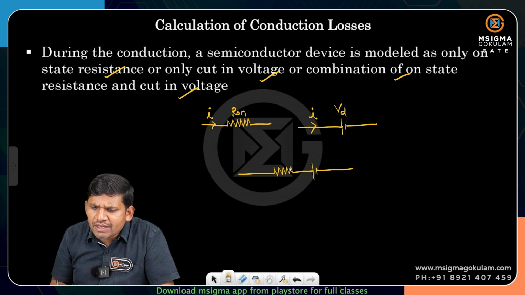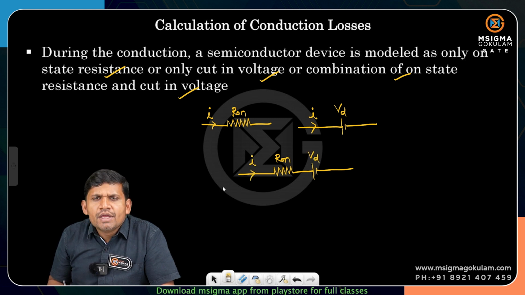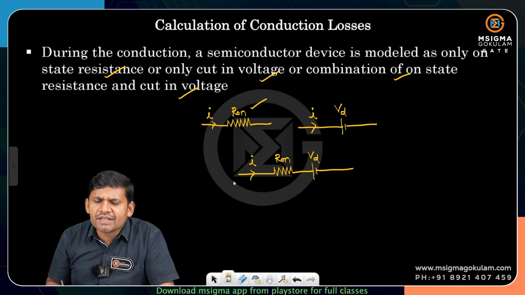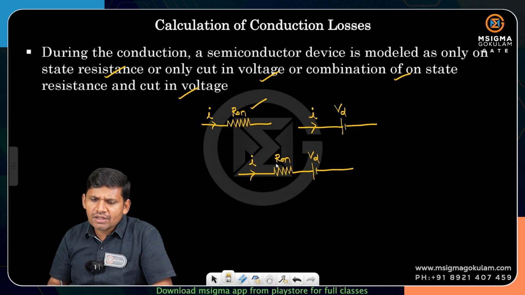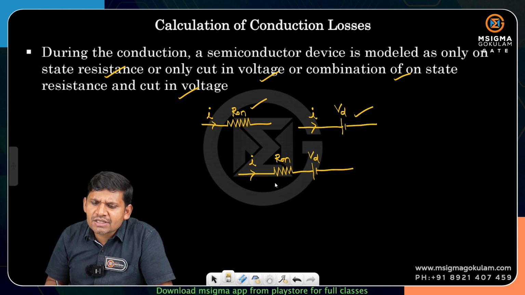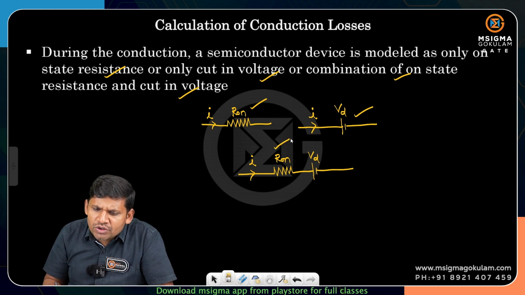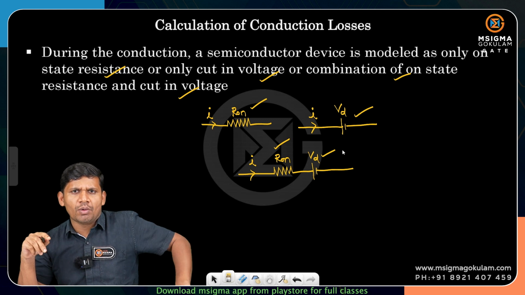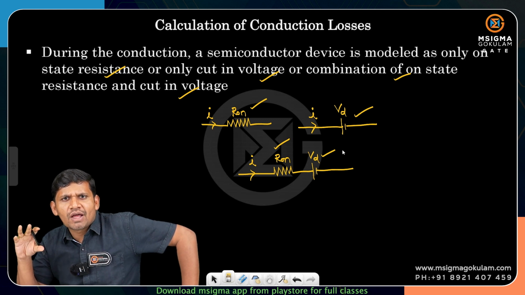If it is modeled as only on-state resistance, how to calculate conduction losses? If it is modeled as only cut-in voltage, how to calculate conduction losses? If it is modeled as both on-state resistance and voltage drop, how to calculate conduction losses, that I have to explain.